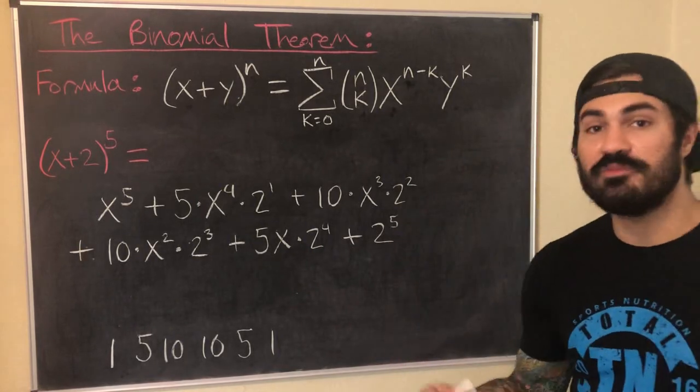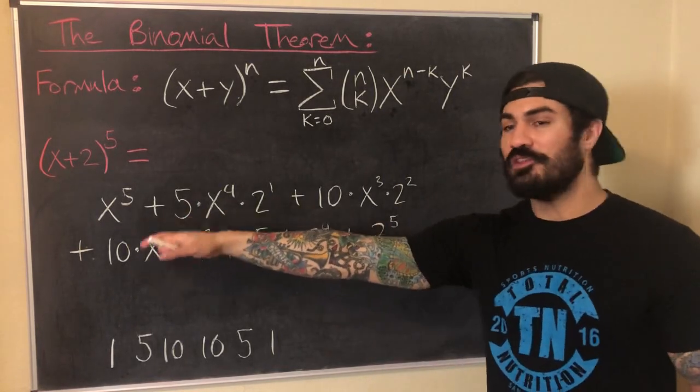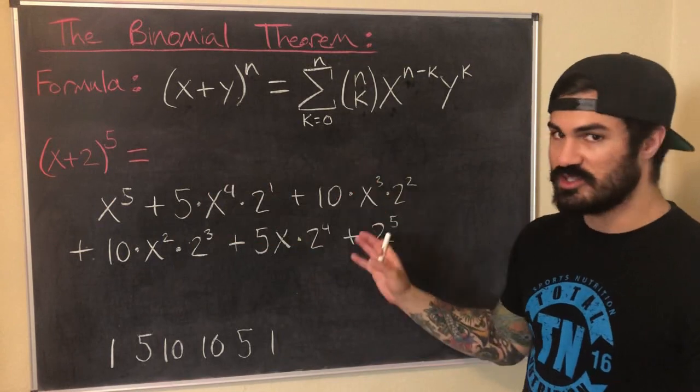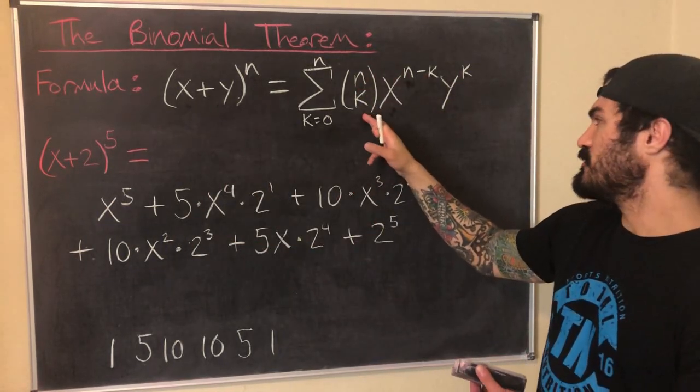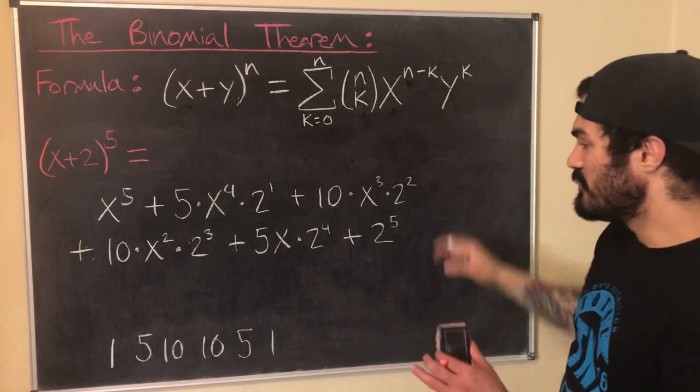So see how easy it makes it when you just kind of write out the first couple of terms and notice these patterns. I didn't have to go plugging stuff in. I didn't have to calculate a bunch of different coefficients or do anything like that.